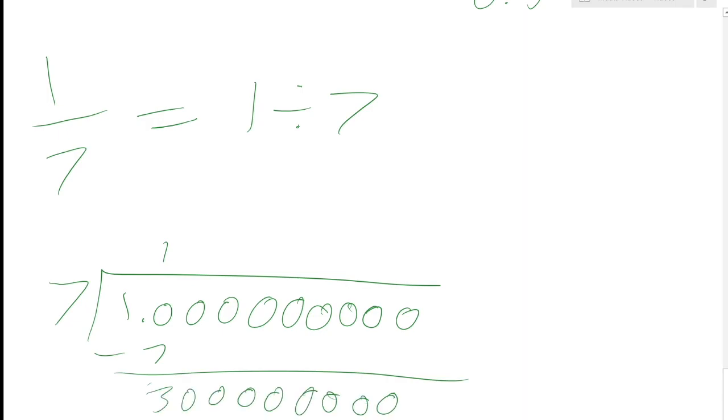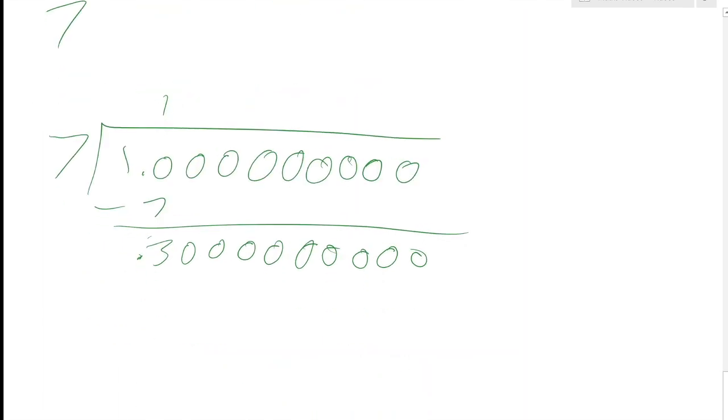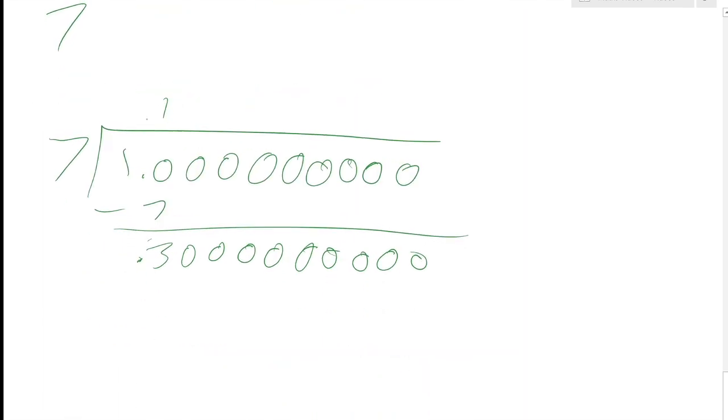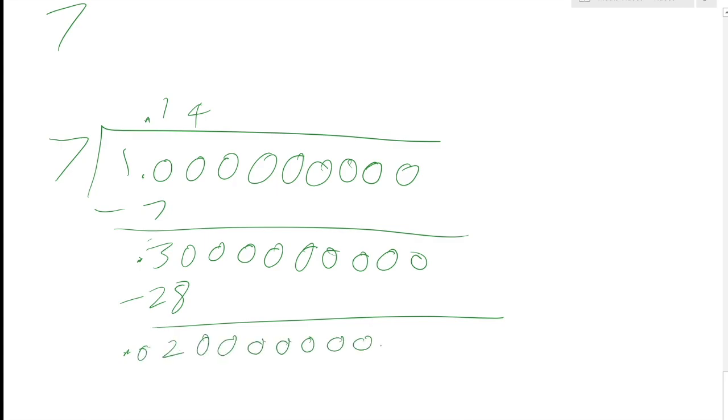Obviously this is 0.3 just to keep track of where we're going, and there is a point at the top. All of these decimal points should be aligned. The 7 does not go into 3, but into 30 we get 4 times. Subtract 28, again keeping track of where our decimal point is, and then we can go on.